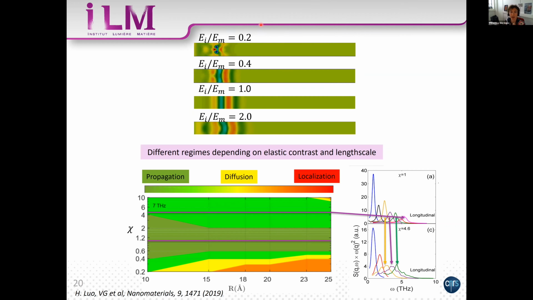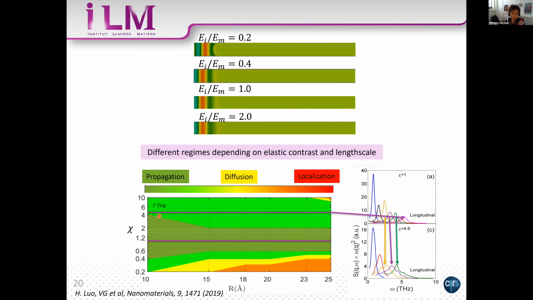And if we look at the smallest elastic contrast, when the inclusion is extremely soft, we see that there's no propagation anymore, but the energy in the wave packet remains pinned on the interfaces and the inclusions since the beginning. So we can identify different regimes depending on the elastic contrast, but also on the length scale of the nanostructure with respect to the wavelength of the phonon.